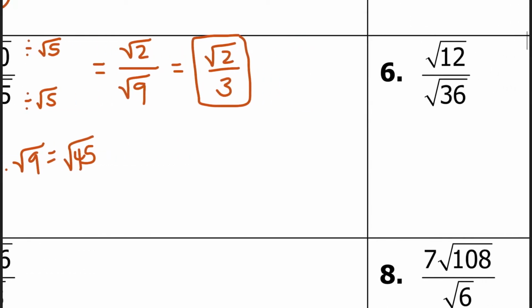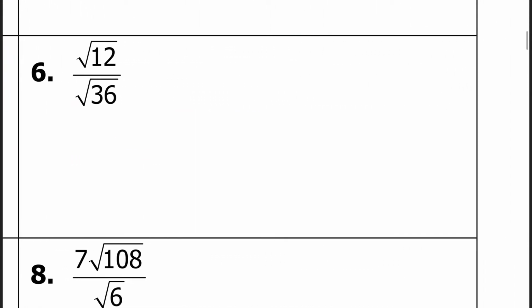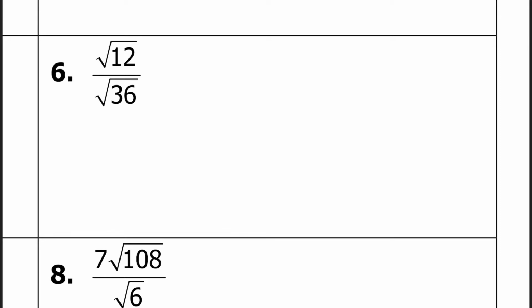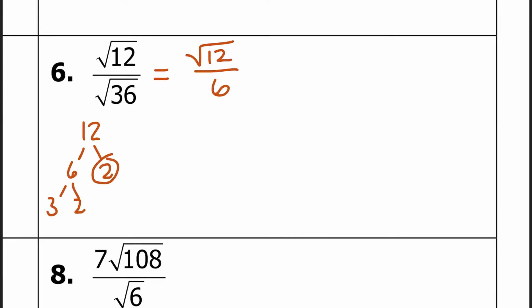Let's look at number 6. Square root of 36 is 6. I know that that's a perfect square. Now, before I say, okay, I'm done, let me see if I can break down 12. And I can. So square root of 12 is really square root of 2 times 2 times 3.